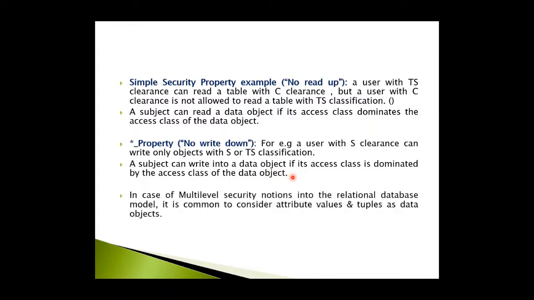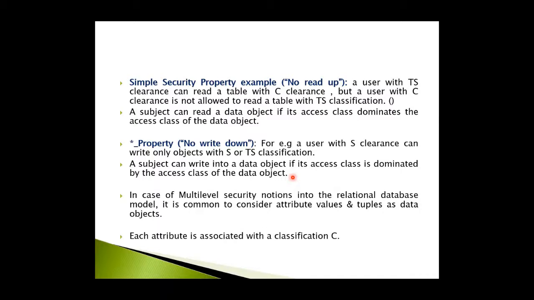Now, in the case of multi-level security notions in the relational database model, it is common to consider attribute values and tuples as data objects. Now, after seeing which user will be able to read or write into which data object as far as the security level is concerned, we are going to visit the Tom and John example again here, so that you will understand how the loophole in DAC is addressed in mandatory access control.